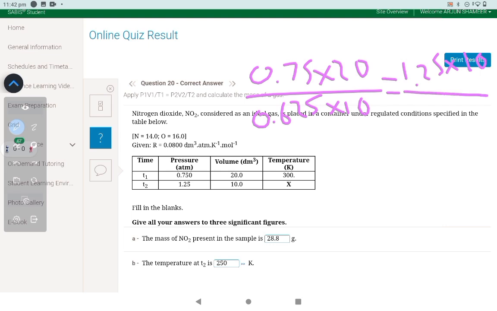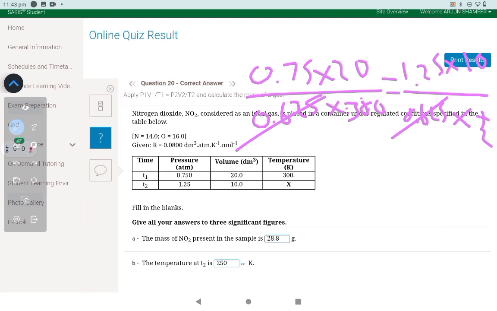is equal to, oh, I made a mistake here. It's 300, my bad. 300 Kelvin, yeah. 1.25 times 10 over 0.625 moles multiplied by the T2, which we don't know, we'll find out. Cross out.